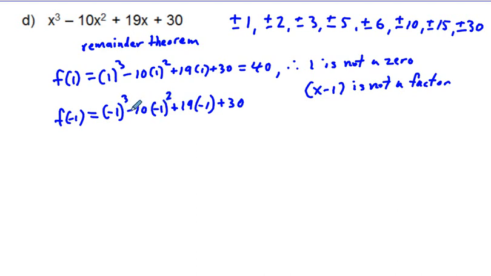So that's going to be negative 11 plus 19 times negative 1. So negative 11 minus 19 is negative 30 plus 30 equals 0. So therefore, negative 1 is a zero. And therefore, x plus 1 is a factor.